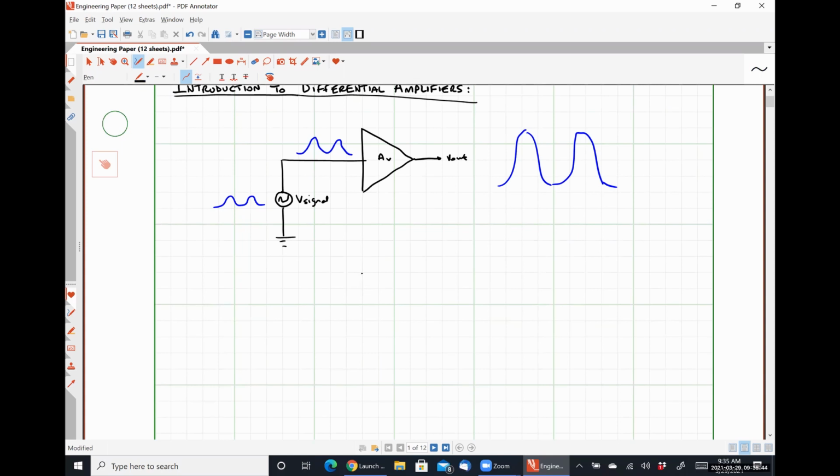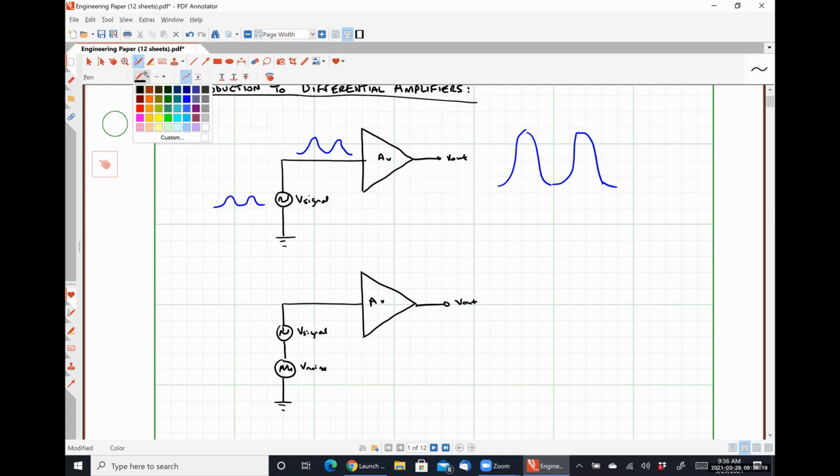And so what I mean by that is, let's take our same single-ended amplifier. And let's say that we have our voltage V signal as before, and we're going to add to that some random noise. I'm going to call this guy V noise, and here is my output V out.